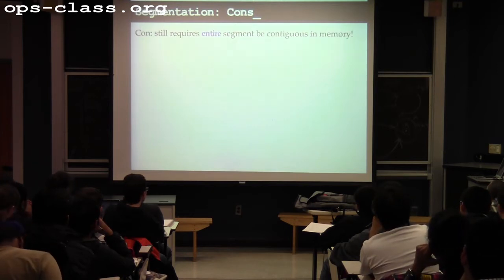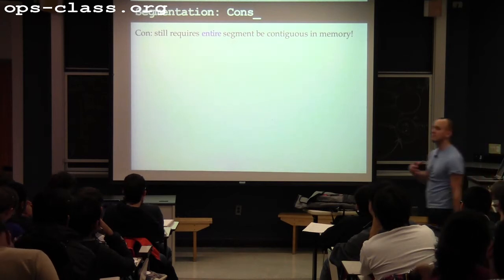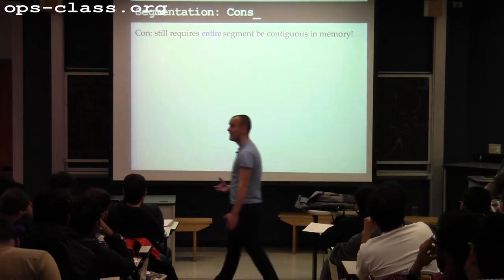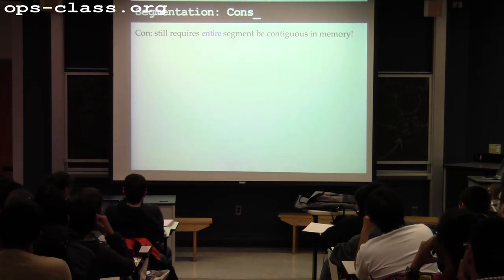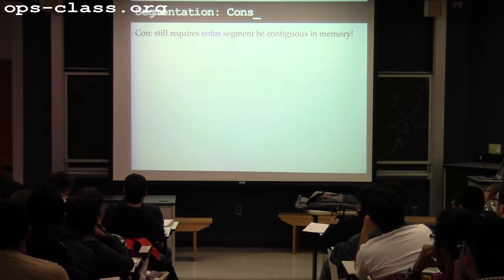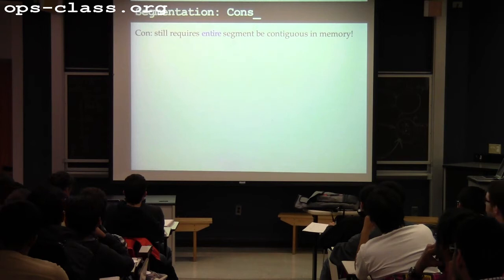The biggest problem here was that this still required that the entire segment be resident in memory, and not just resident, it required that it be contiguous. So as soon as a process accessed any part of the segment, I had to grab the segment and put it in memory. Where I grab it from, we'll get to, but you guys have probably seen behind the curtain already and determined that things aren't always going to be in memory.